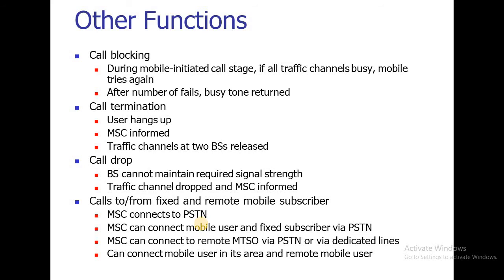Call termination: the user hangs up the call and the MSC is informed about that. Call drop occurs when we don't have good signal strength. And calls to or from fixed and remote mobile stations, this is nothing but our landlines. So the MSC is going to connect to a fixed landline, and we have a dedicated or fixed channel within that.